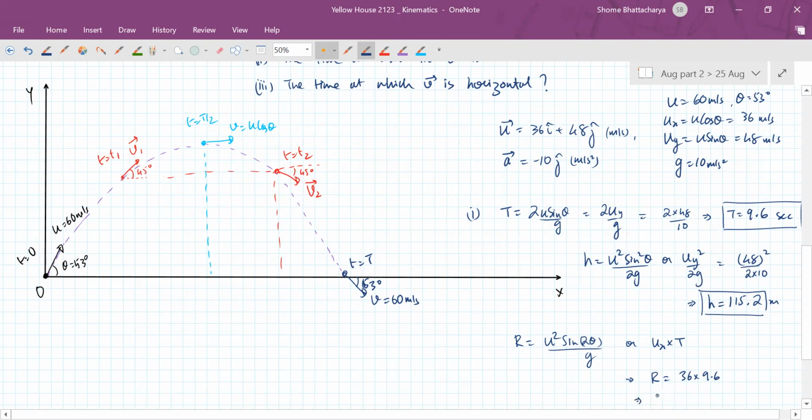So the range will become... Okay. So that is the standard set of equations.